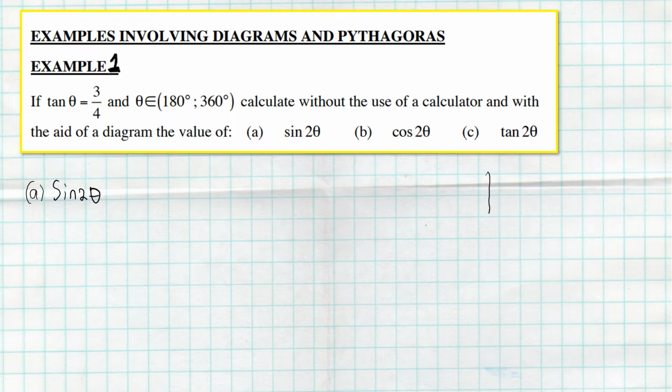So before sketching a triangle, you must know where your triangle is going to be positioned. Is it in the first quadrant, second quadrant, third quadrant, or fourth quadrant? And this is aided by the given information. These two pieces of given information will help you to know in which quadrant your triangle is going to be, right?